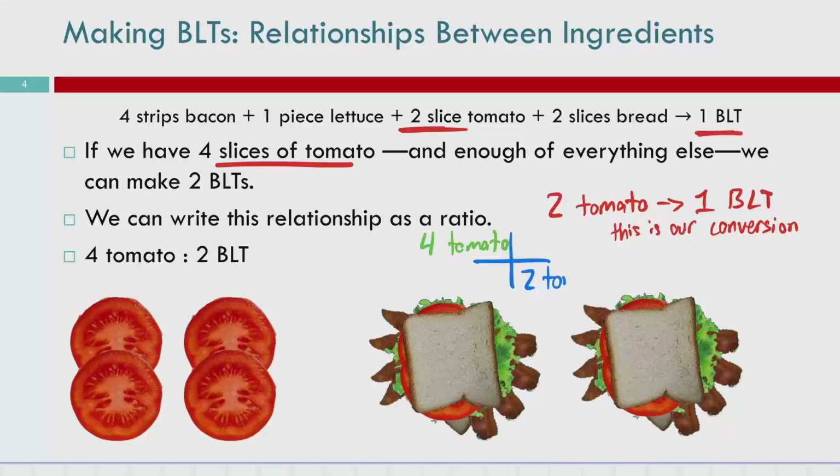So we put 2 slices of tomato on the bottom in our conversion factor and 1 BLT on the top. The units of tomato cancel out, and we've got 4 divided by 2 BLTs, so 2 BLTs.